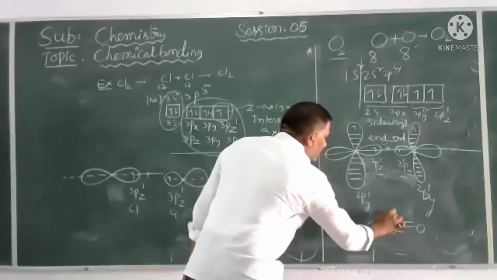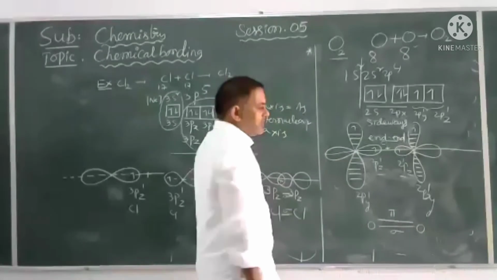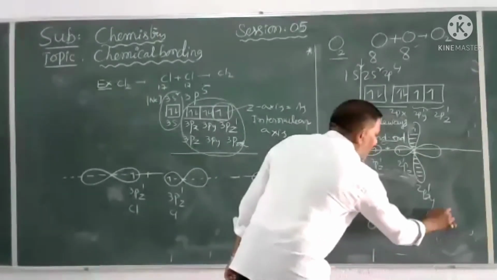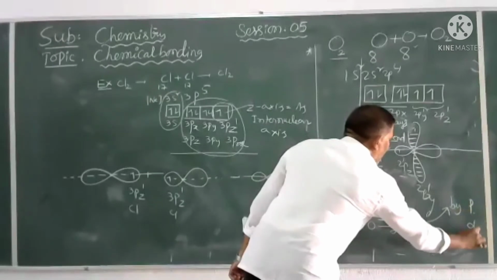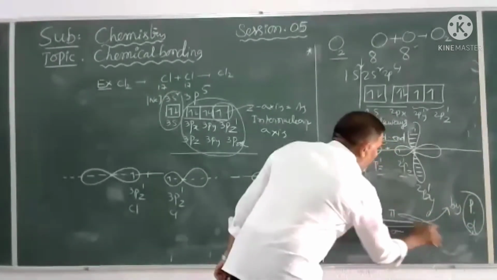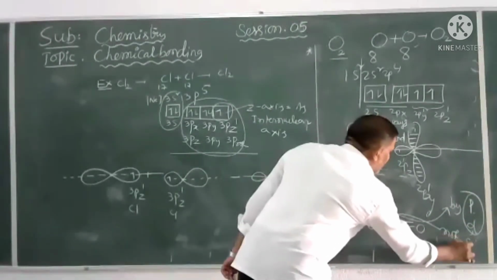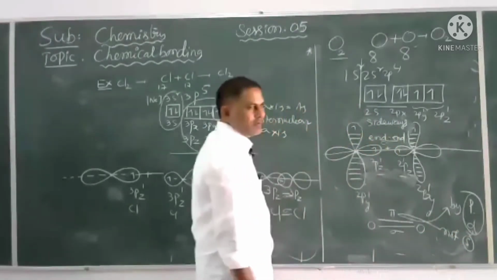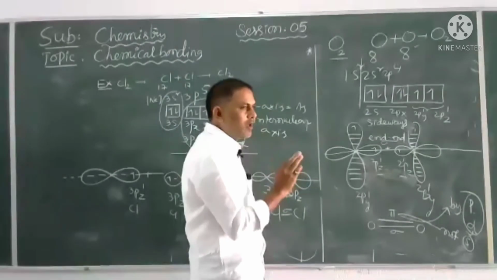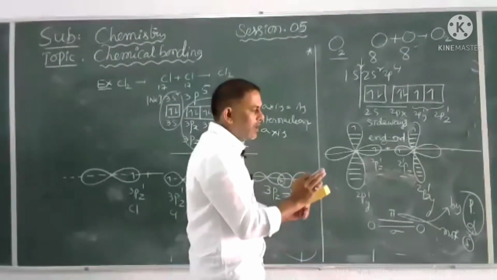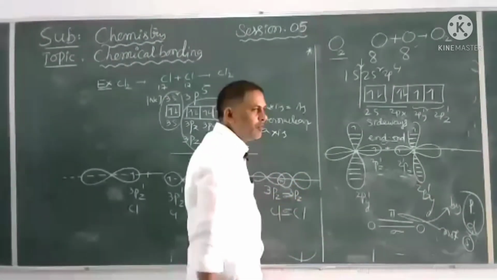So here we have a sigma and a pi covalent bond. A pi covalent bond is formed only by p orbitals or d orbitals; s orbitals do not form pi bonds. To form a pi bond, only p and d orbitals are possible, involved sideways.